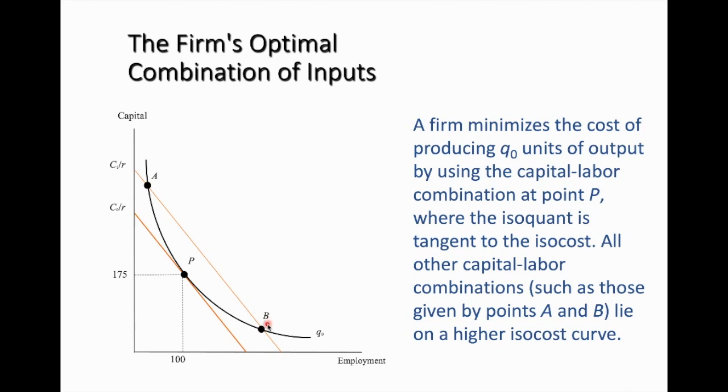The same is the case for point B. Point B is on a much higher isocost, yet this input mix is still producing Q0 quantity of output. Therefore, again, the firm is better off choosing the input mix indicated by point P, which is the tangential point.